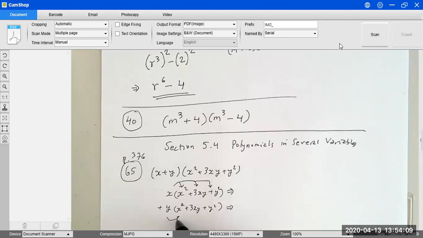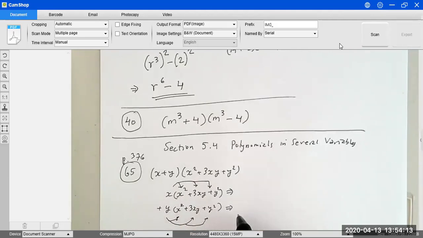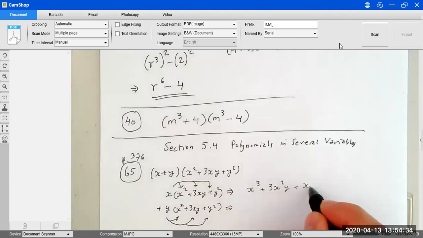I need to keep in mind that I need to write x first and y after. That's the right order. And also coefficients go first. So x times x squared is just x cubed. Then 3xy times x is 3 coefficient, then x squared and y. Then the last one is just x times y squared.